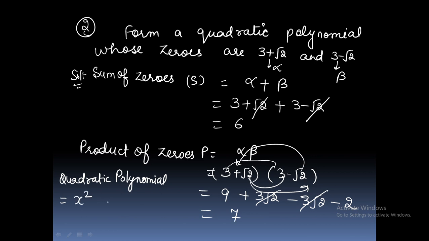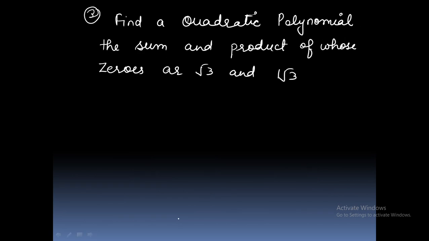We will use this formula, x raised to power 2 minus sx plus p. x squared minus s, which is 6, x, plus p, which is 7. This is your answer. Now next question, find the quadratic polynomial, the sum and product of whose zeros are root 3 and 1 by root 3.